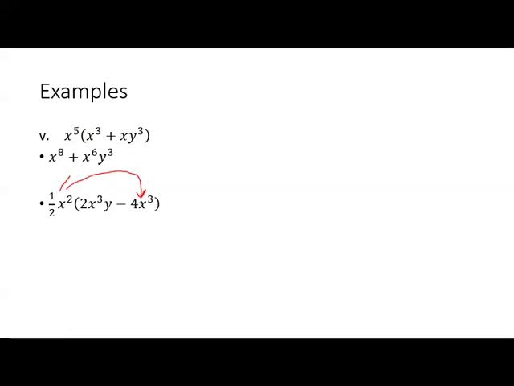X squared times x cubed will give you x to the exponent of 5, and then you have y. The second term will be half times -4, which will give you -2. X squared times x cubed will give you x to the exponent of 5. So your answer will just be, remember, if the coefficient is 1, you don't need to write it. So instead of writing 1x to the exponent of 5y, you rather write it as just x to the exponent of 5y.